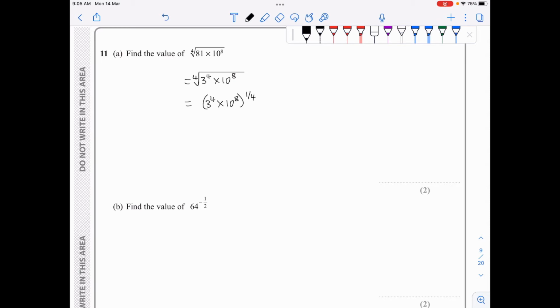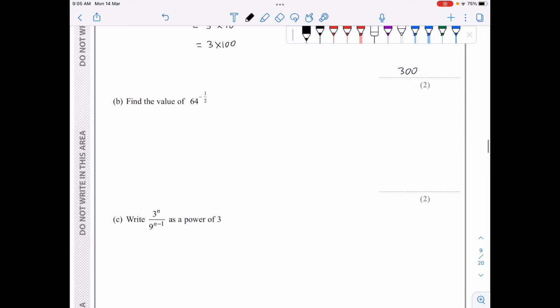And when I've got a power raised to a power, I multiply the indices together. So 4 times a quarter is 1, and 8 times a quarter is 2. So this is 3 times 100, which is 300.